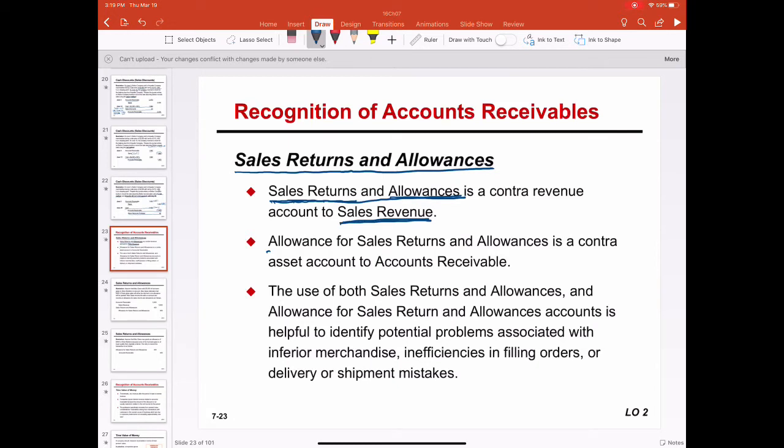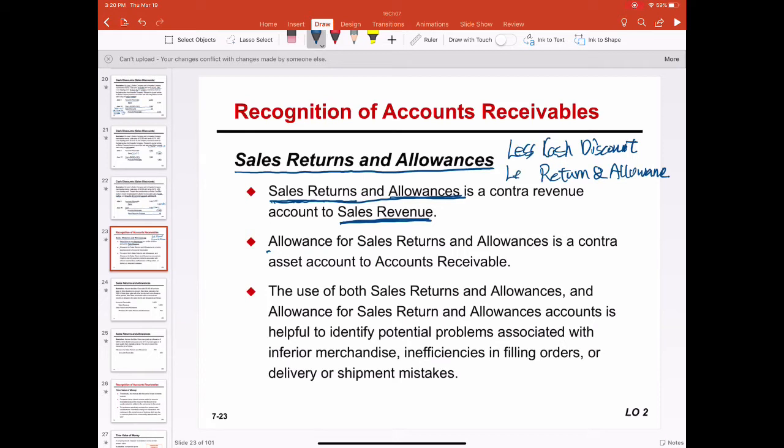So now we have two control accounts of sales. One is cash discount. The other is return and allowance. They are all control accounts of sales revenue.